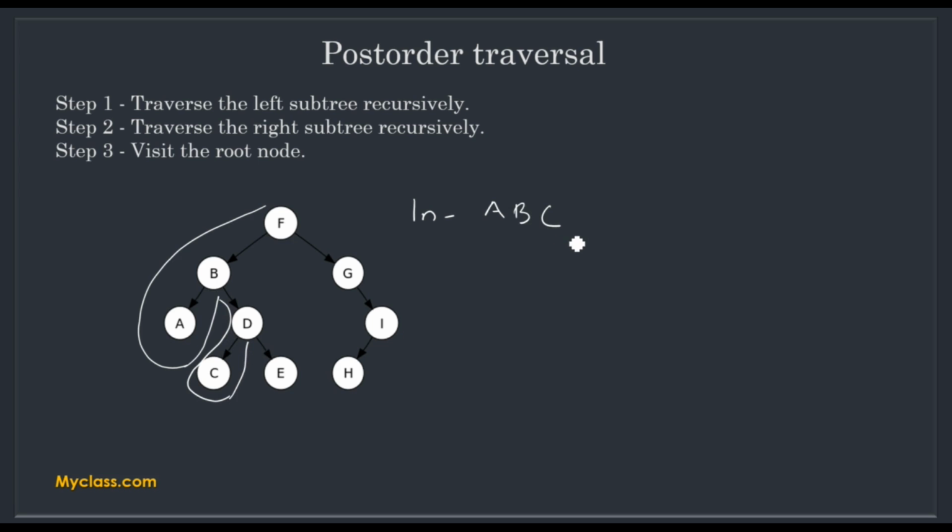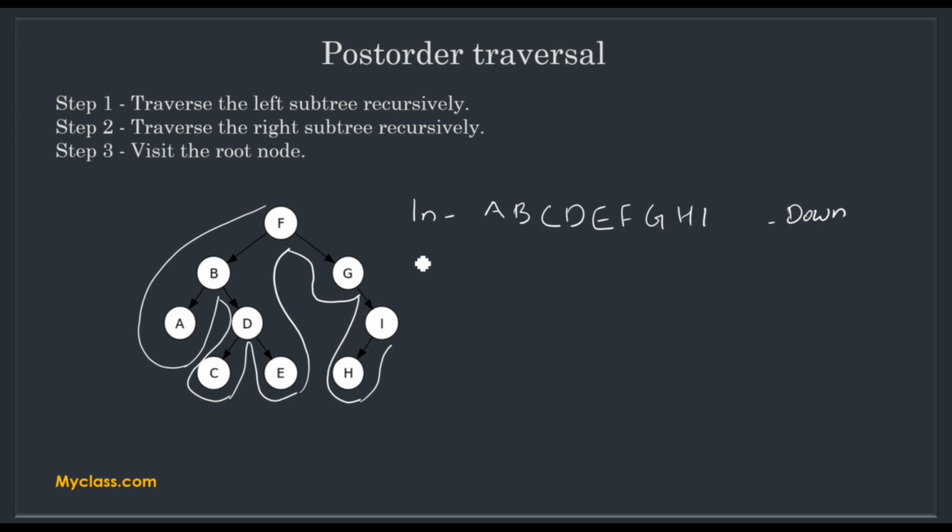Now D, now E down. Now we are down to F. Now we are down to G. Now we are down to H, down to I. That is down. The easy trick is down.